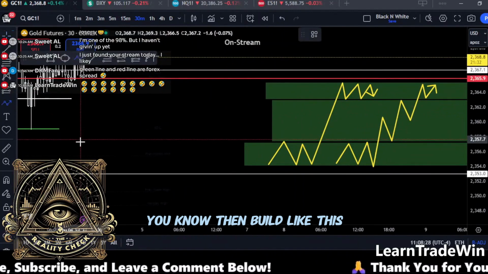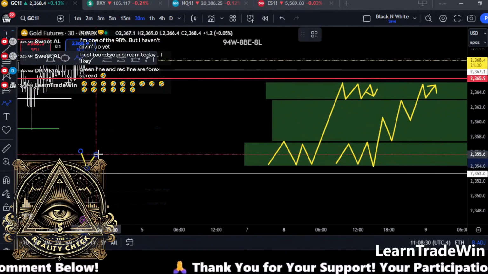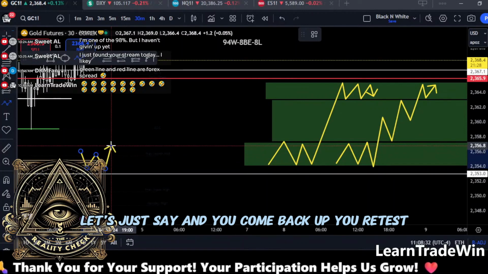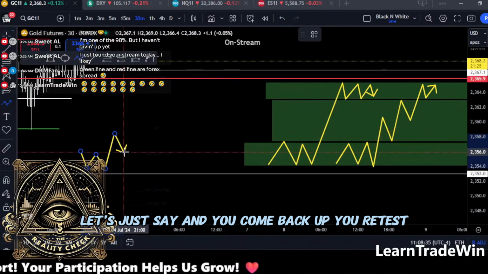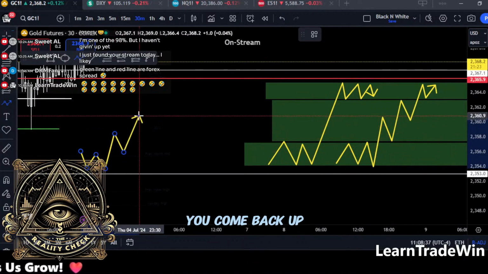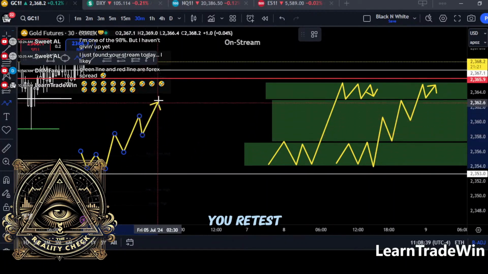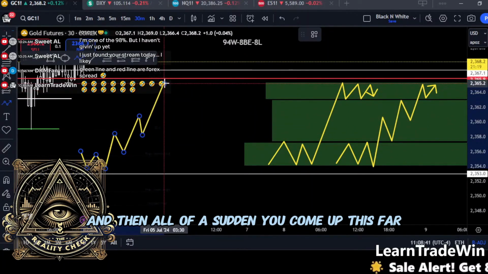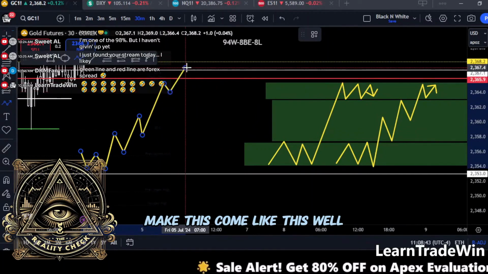Something builds like this, let's just say, and you come back up, you retest, you come back up, you retest, and then all of a sudden you come up this far, make this, come like this.